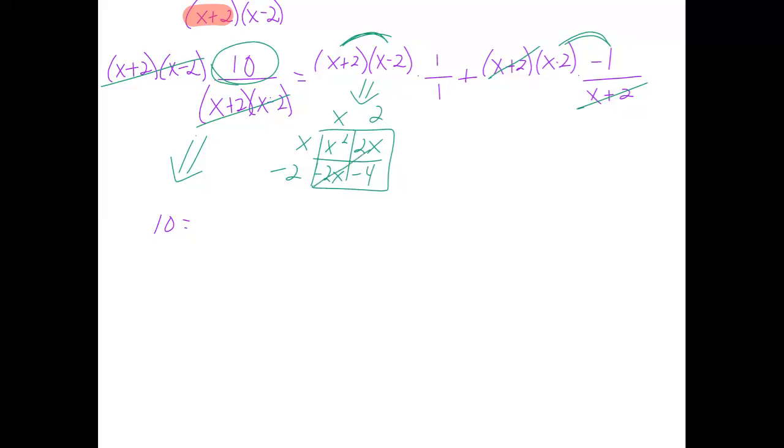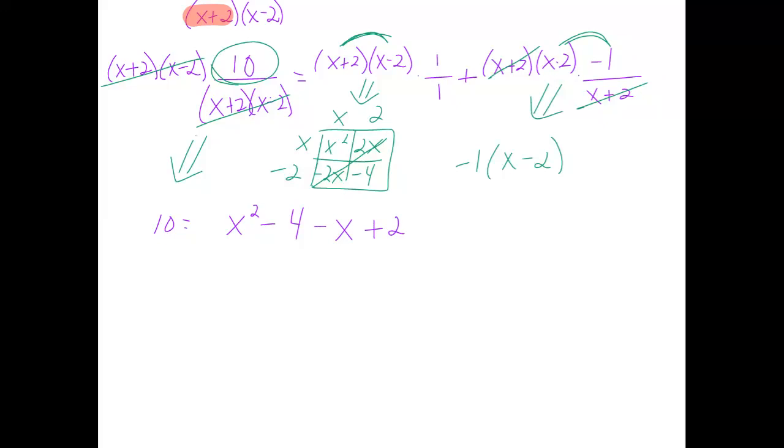Awesome news here. The middle terms cancel because we got positive negative 2. So we literally get x squared minus 4 out of that box. And then the last term will distribute, and we get negative 1 times x minus 2. So that would give us negative x plus 2.